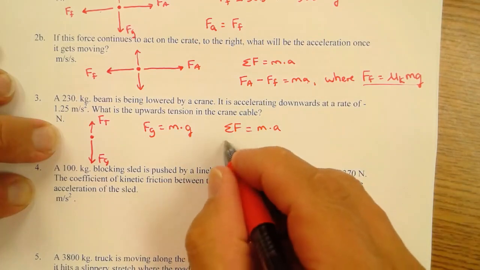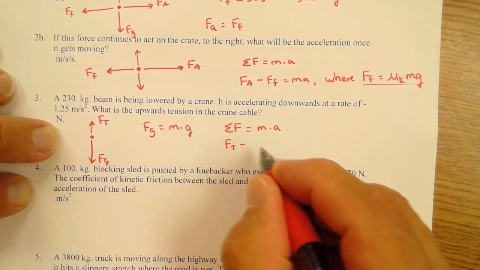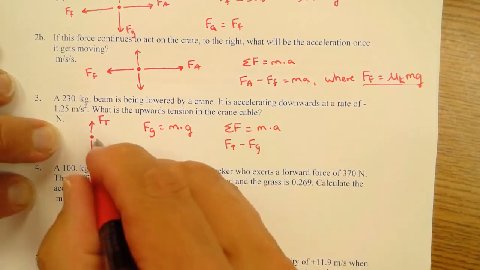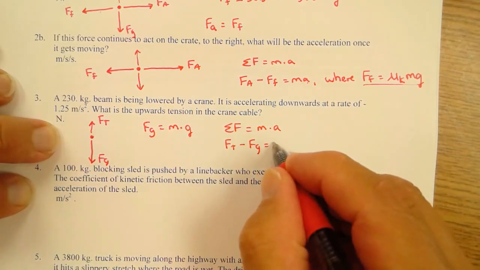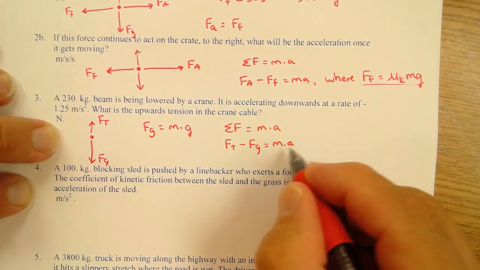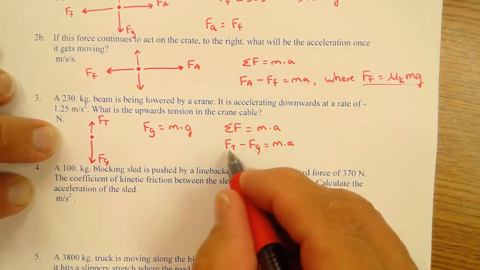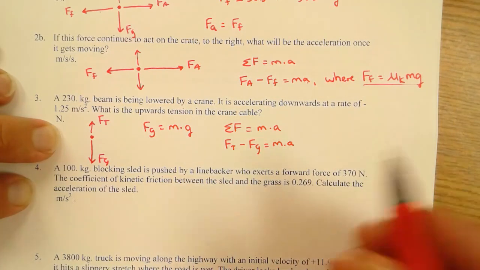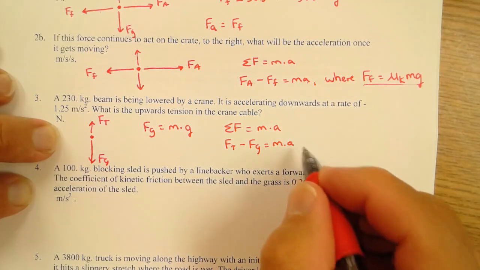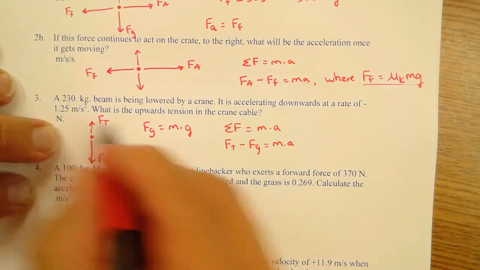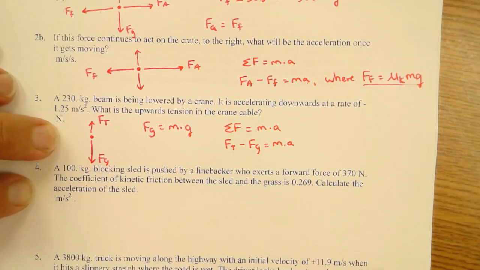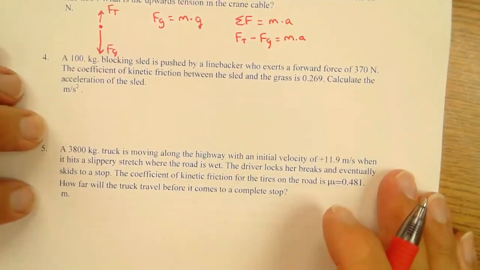In this case, the net force will be F sub t minus F sub g. That's the difference. And that's going to equal m times a, and then you will be solving this for F sub t. Okay? And remember, the acceleration here is negative. It's moving downwards, so the acceleration has to be negative.